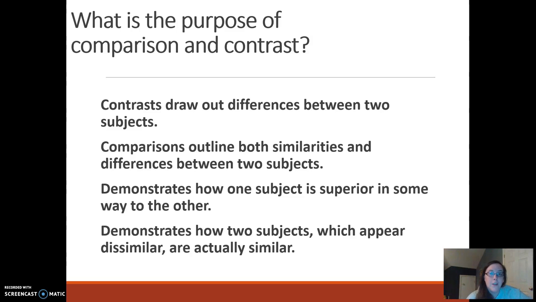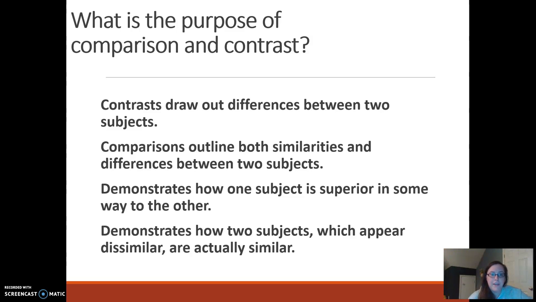If they only use the word contrast, then you should be just looking for differences. If you're not sure, of course, I would just ask your instructor, but comparisons and contrasts are found throughout writing prompts in your academic career, so I'm sure you're going to run into doing this later.